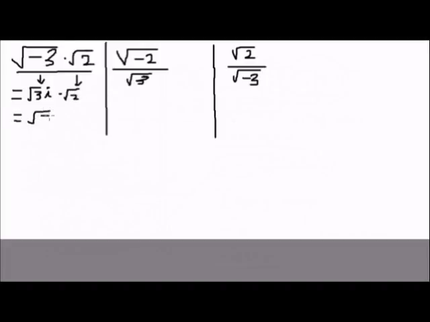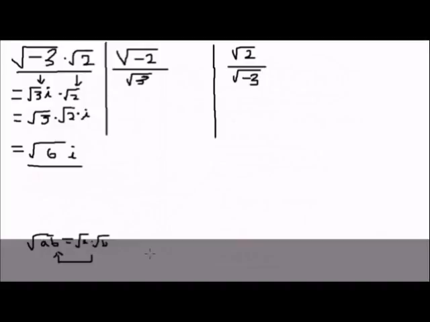Square root 3 times square root 2 times i. And remember that square root ab thing? Well, we can apply it backwards. In this case, a is actually 3 and b is 2. So it becomes square root of 3 times 2, which is square root 6, and i. The answer is square root 6 i.